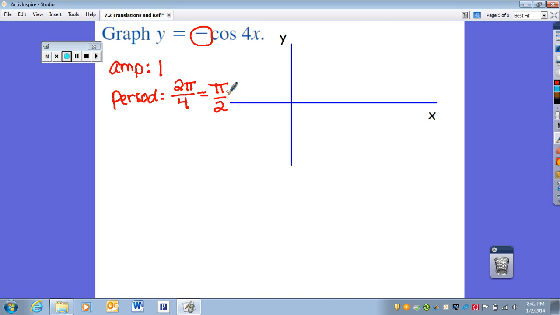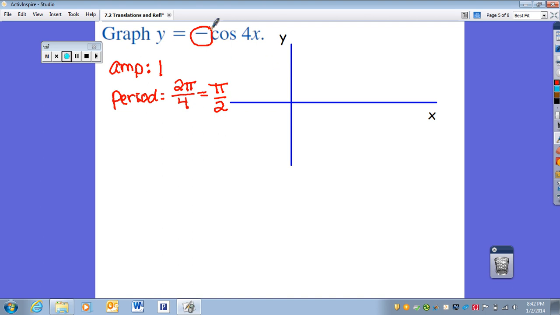Now notice in this case, we do not have anything being added on. There is no plus k in this instance, so there is not going to be our vertical shift. And notice that there is no h value inside the parentheses, so we're not going to have a horizontal shift.